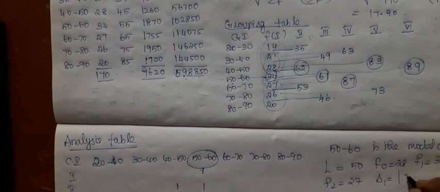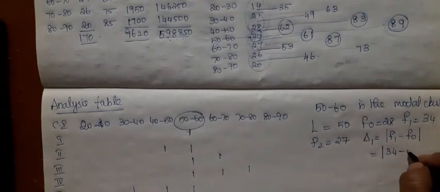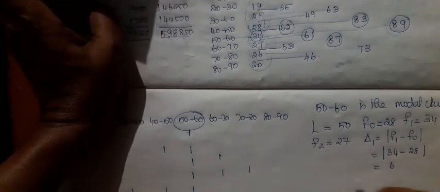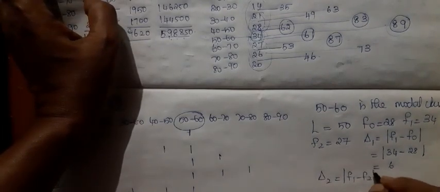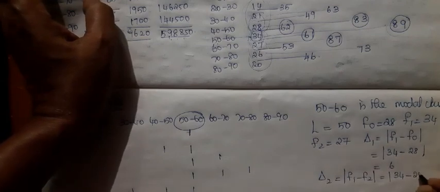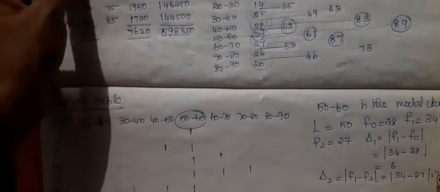Delta 1 is modulus of F1 minus F naught, that is modulus of 34 minus 28, which is 6. Delta 2 is modulus of F1 minus F2, that is 34 minus 27, which is equal to 7.